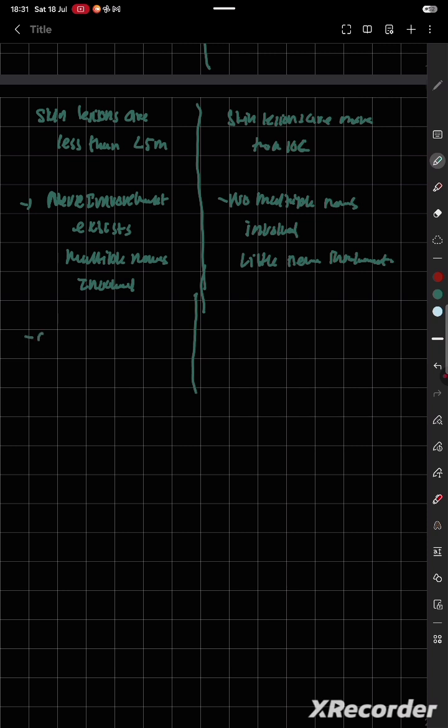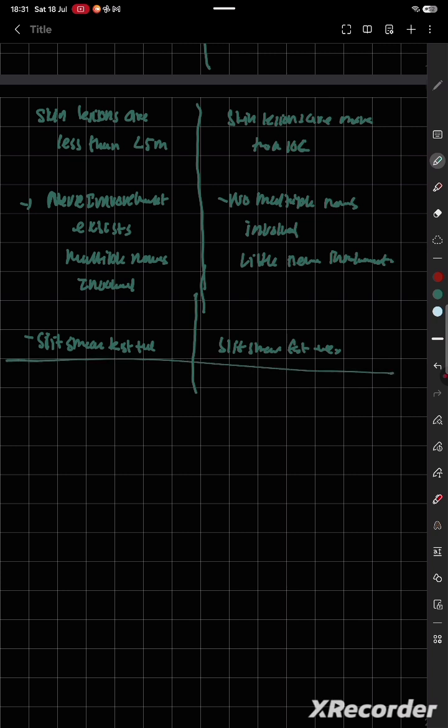Also, the smear test is positive in multibacillary and negative in paucibacillary. These are the differences between the two.